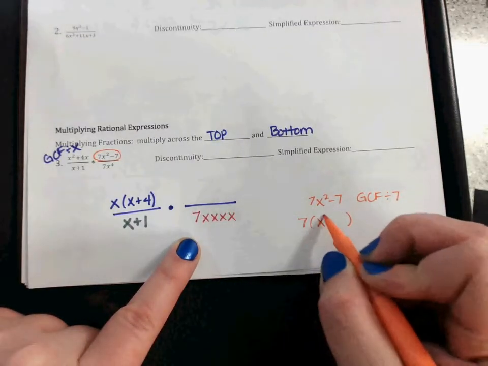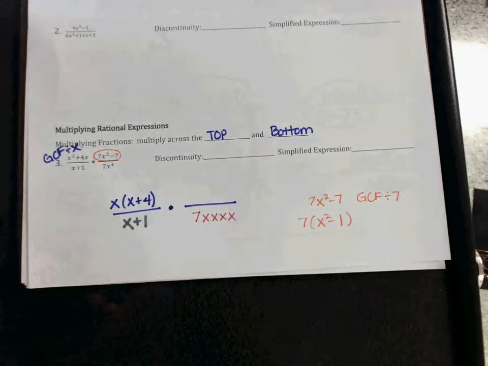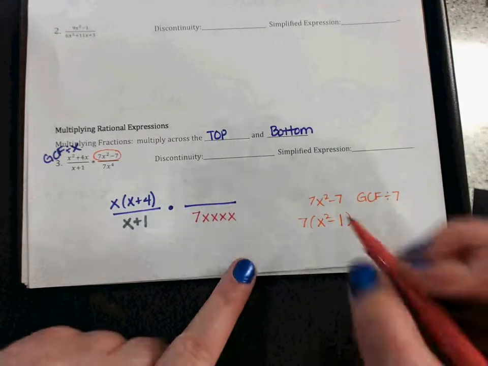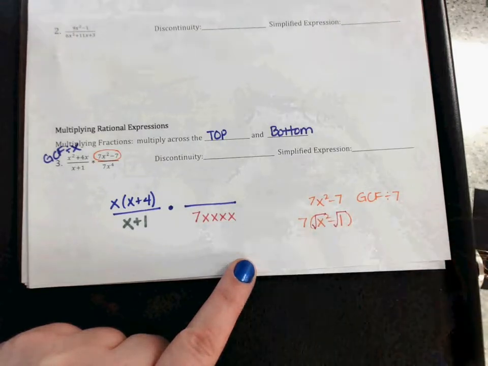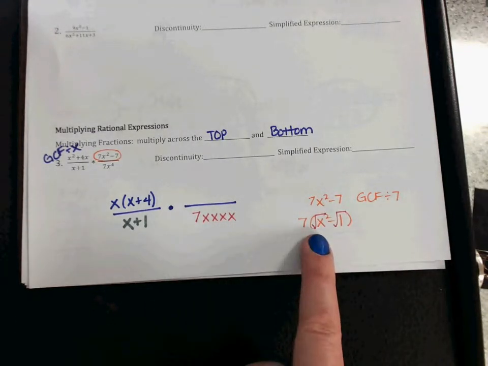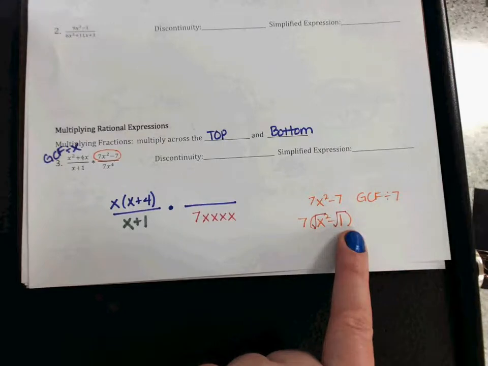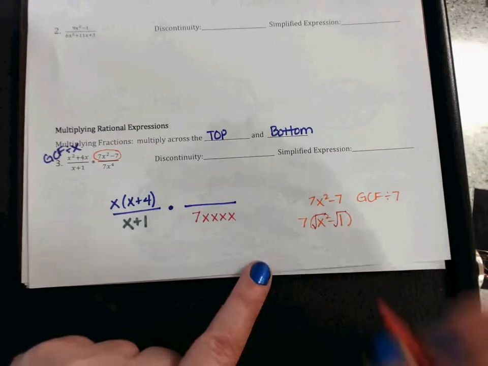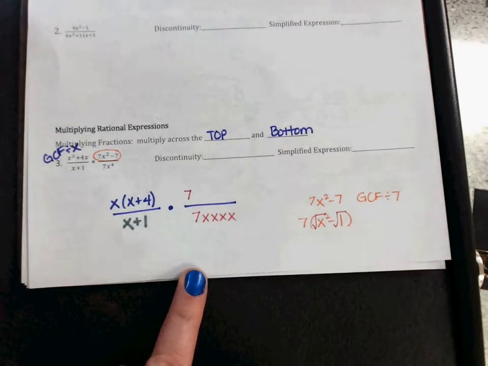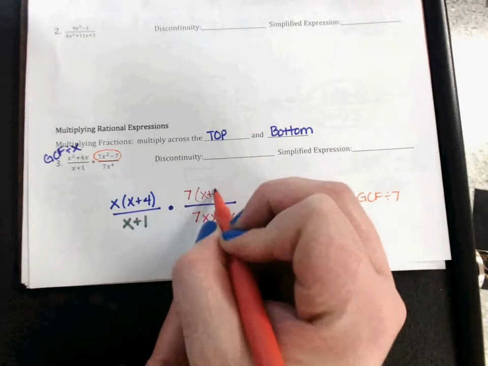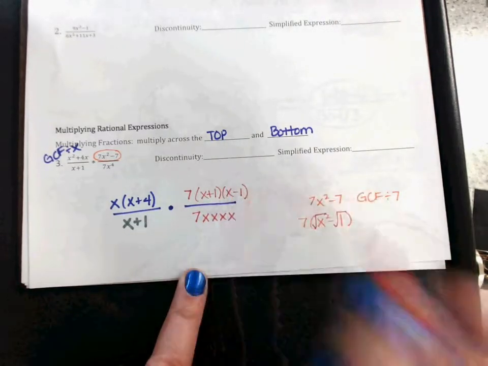X squared minus 1. And then from here, now that's a perfect square. So I can square root here and square root here. The square root of x squared is x. The square root of 1 is plus or minus 1. So I would have 7, x plus 1, and then x minus 1.